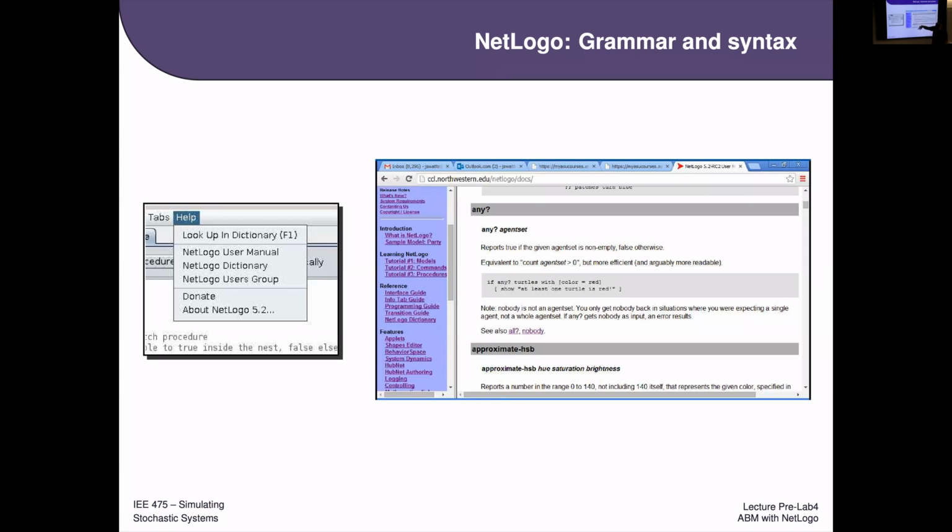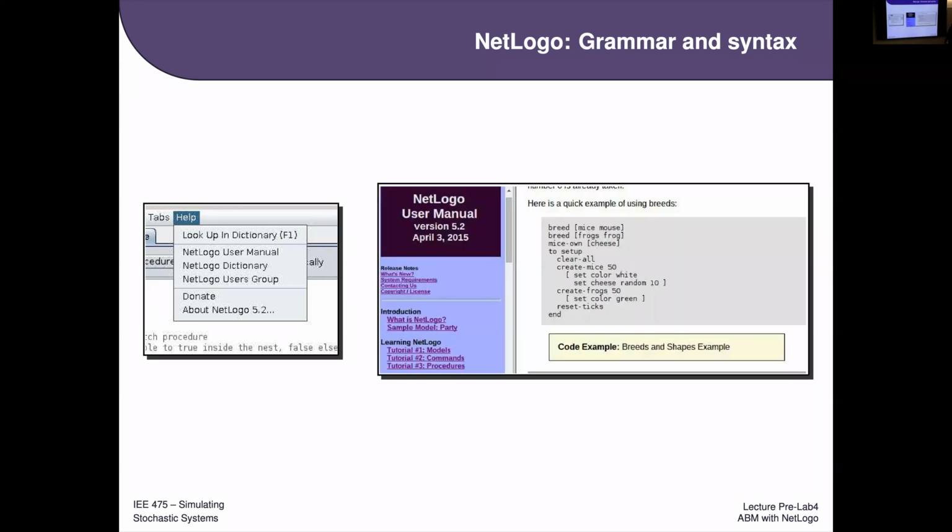What does any question mark mean? Well, if you go to the NetLogo dictionary, just like in a real dictionary, you can find what any is, and this is the definition of any. It says if you say any question mark, whatever group comes after it, it will report true if that group is non-empty. Okay, that makes sense. So any question mark just means: does the thing that follows it actually have any agents in it? All of that is in that NetLogo dictionary.